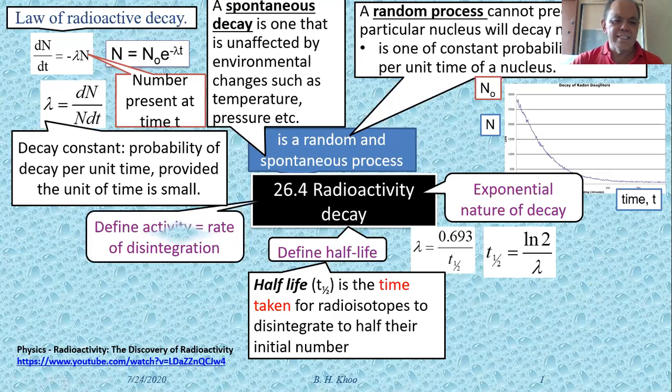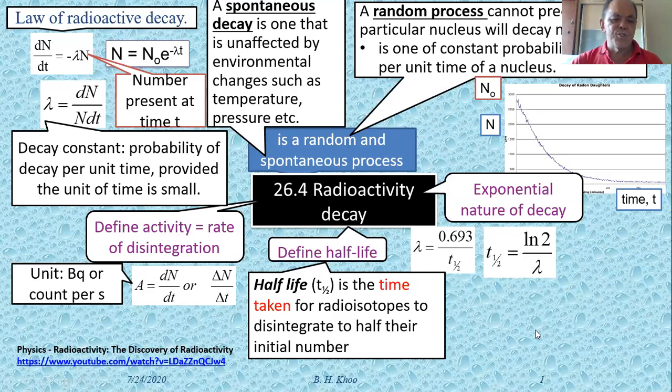And we can define activity as the rate of disintegration. Activity is the rate of disintegration, or the number disintegrating during the time interval that we measure. And it's the becquerel, named after Becquerel, to remember the scientist who first discovered radioactivity, or we call it counts per second.